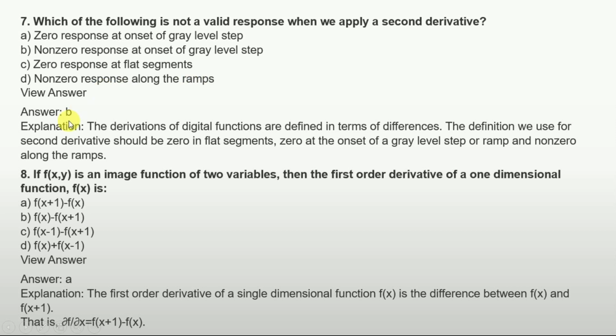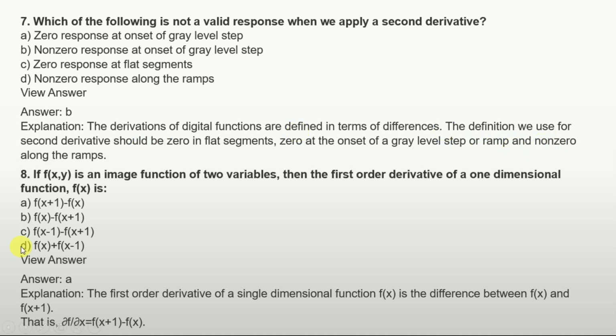So the answer is B. If we see the explanation, the derivatives of a digital function are defined in terms of differences. So the definition we use for the second derivative should be 0 in flat segments, 0 at the onset of a gray level step or ramp, and non-zero along the ramps. So that is the explanation.